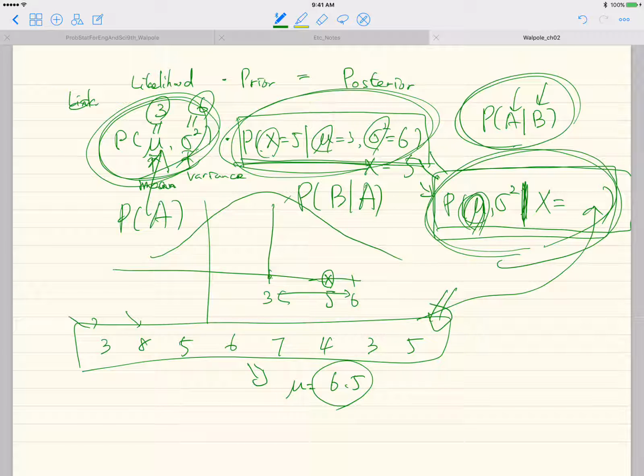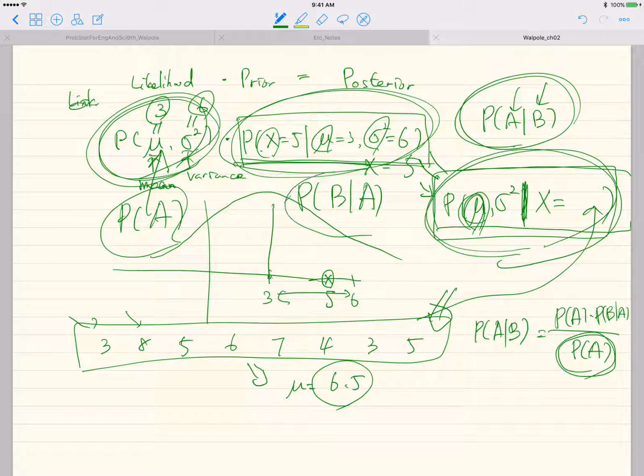In terms of their relationship, it just boils down to this Bayes rule: P of A times P of B given A, divided by P of B. Okay? So we only ignore this part. Up to this point, this and this and this, we still need this part in order to make these two parts equal.